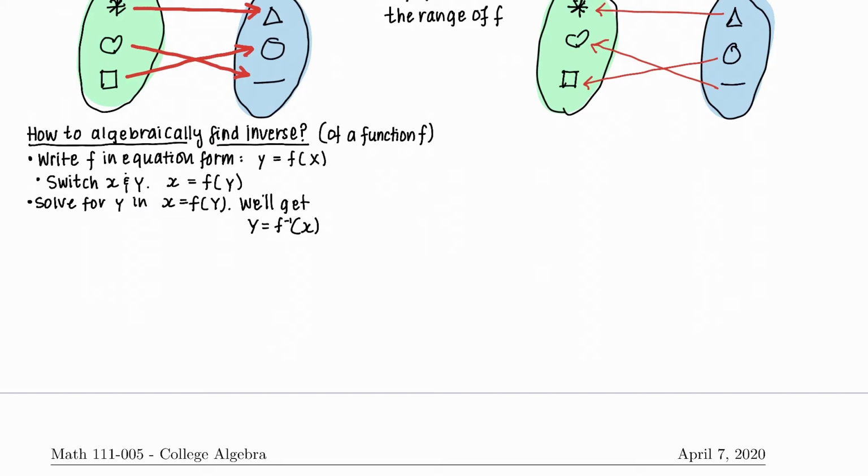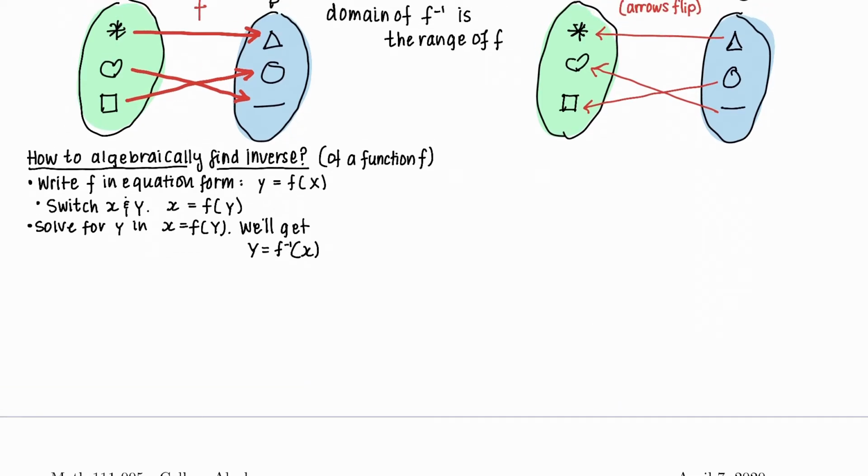So this is our step-by-step business here, but also we have a really important fact about inverses. When I compose them, so when I compose f of x and f inverse of x, what happens is I just get x.